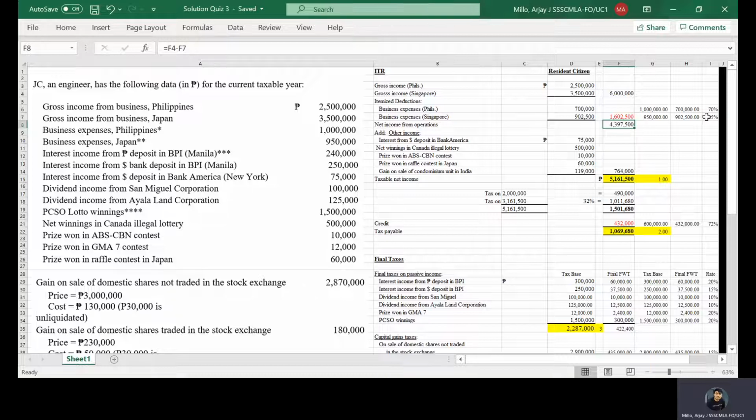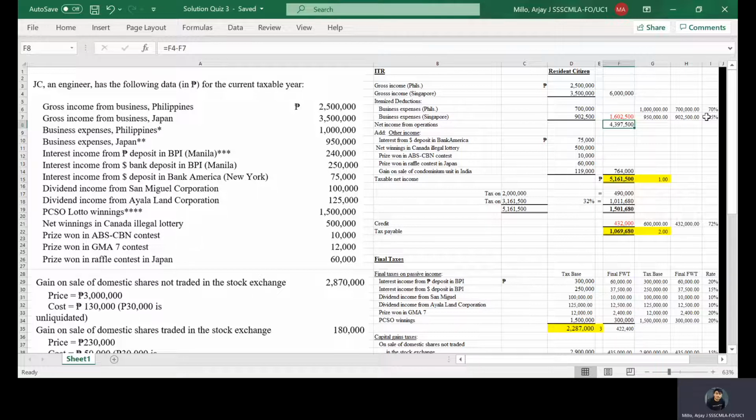So what else do we add aside from the normal net income from operations? Of course, we need to add his other income. Since he is a resident citizen, as I mentioned before, we will also consider his income outside of the Philippines. So what are those? Of course, that will be the income not subject to final taxes.